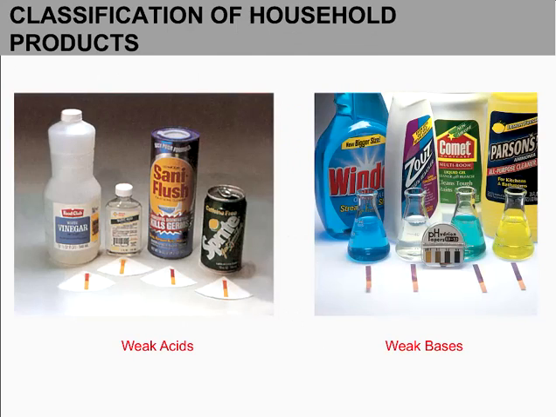So here are some examples of different household products you might have or have seen before. So for instance, vinegar is also known as acetic acid. So that is a weak acid. So it's not super strong, but it's pretty effective at actually cleaning up mildew or mold.